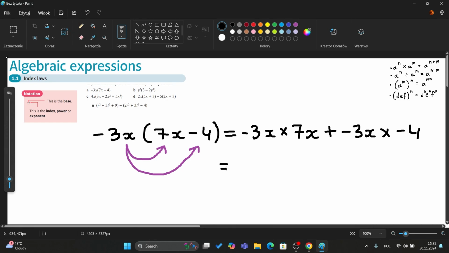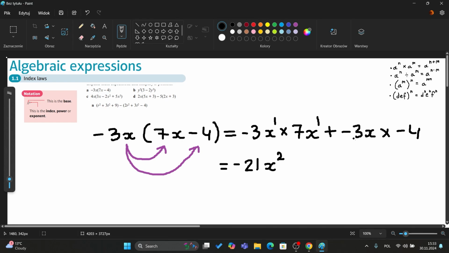And now we use rules of indices to do this. So we multiply minus 3x by 7x. That gives us minus 21x squared, because minus 3 times 7 is minus 21, and x times x is the same as x to the power of 1 times x to the power of 1, which is 1 plus 1 is 2, so the power of x is 2.